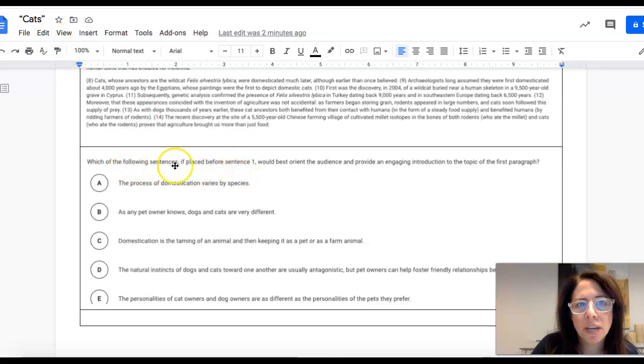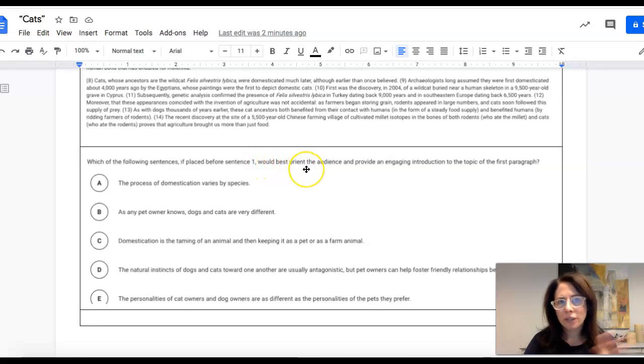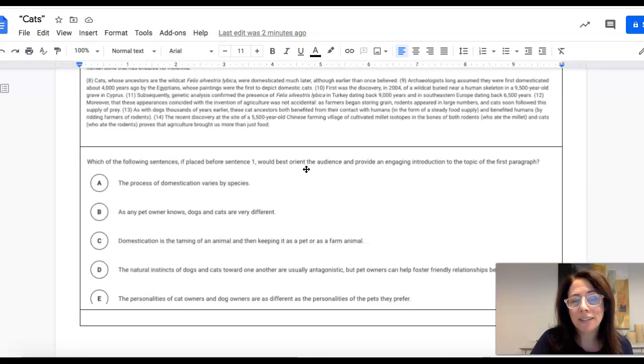Everything after "which of the following sentences," yes, "if placed before" is a verb phrase. However, we want to find the verb phrase that comes after that whole introduction, right? So we know that we need to for sure find "if placed before sentence one." That is important. That is our first verb phrase. That gives us the location.